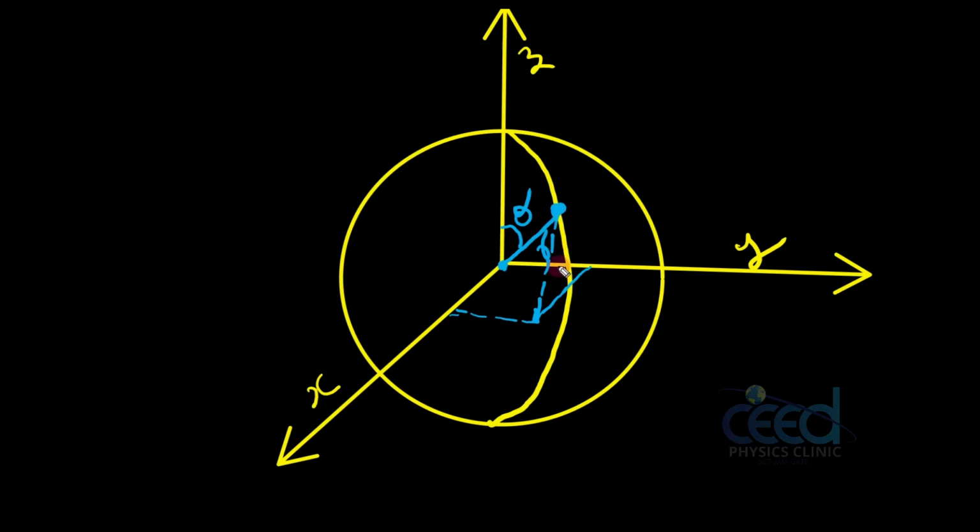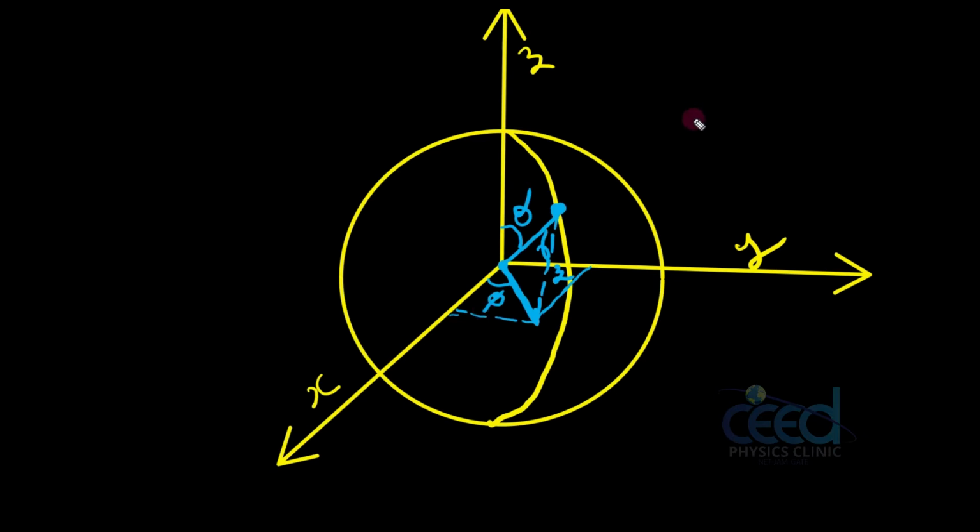Now the position vector to the foot of this perpendicular makes an angle phi, which is also a must to define this point. So we need r, theta and phi.